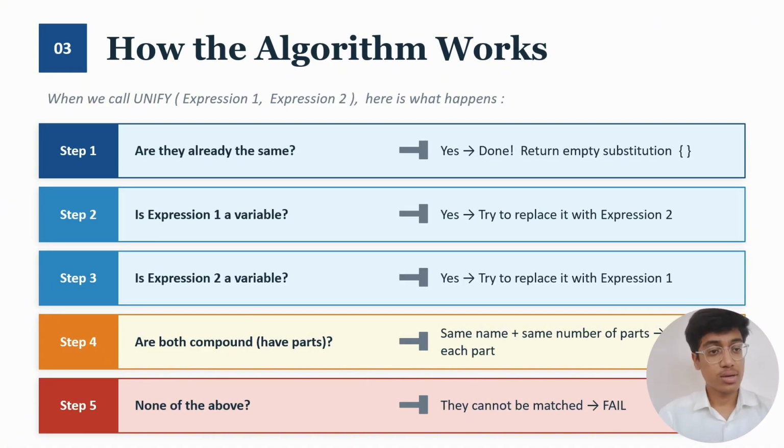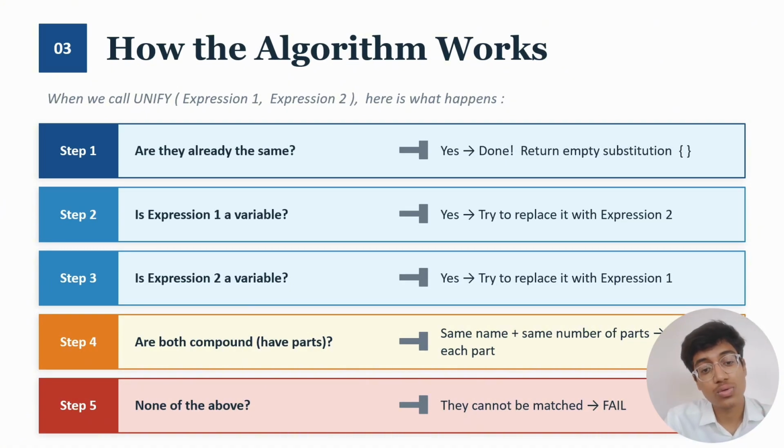Here is what happens when we call unify with expression 1 and expression 2. Step 1: are they already the same? Yes, then return an empty substitution. Step 2: is expression 1 a variable? Yes, then try to replace it with expression 2.